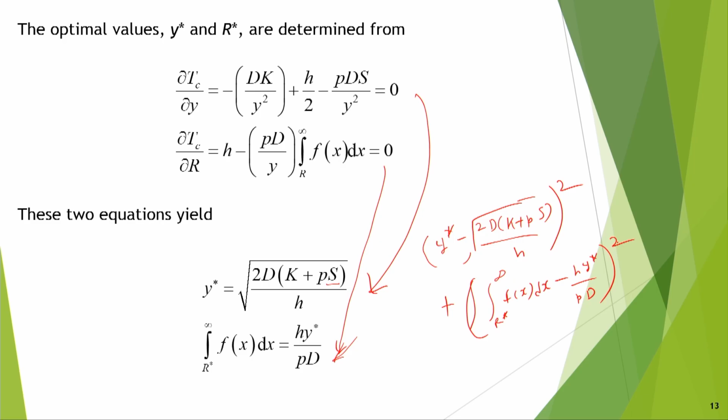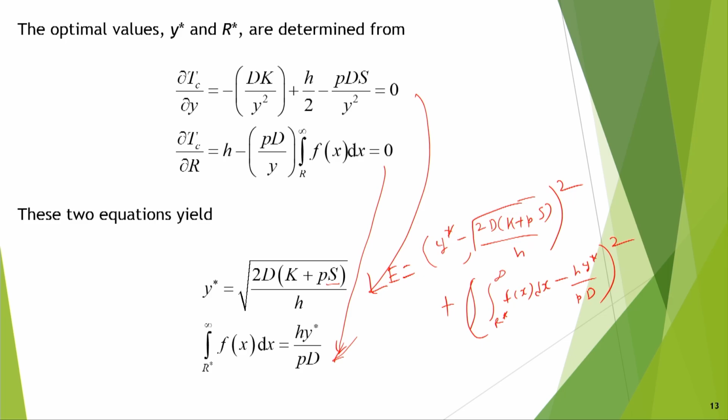That means I have taken left hand side minus right hand side and squared it. So this becomes one function, an error function. It is a function of two variables, y star and R star.